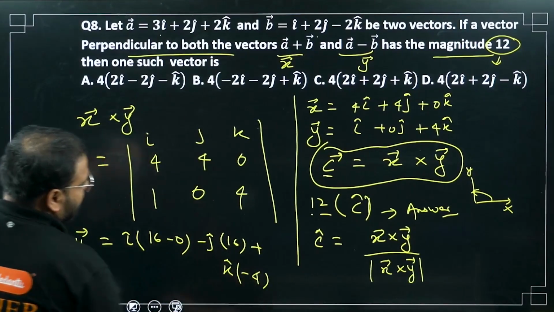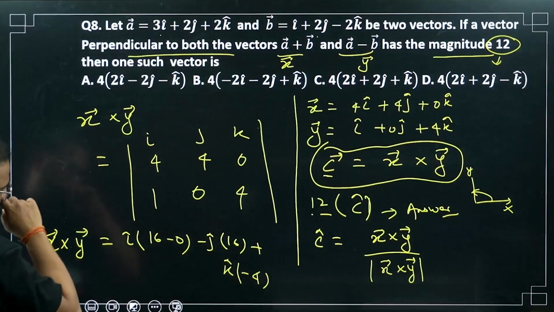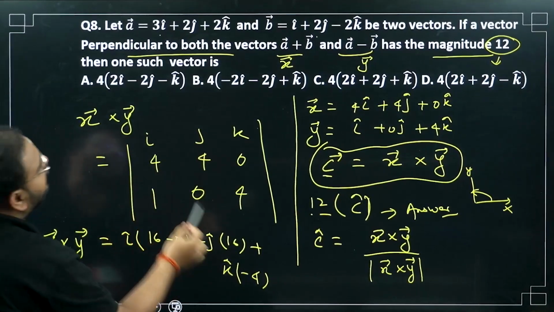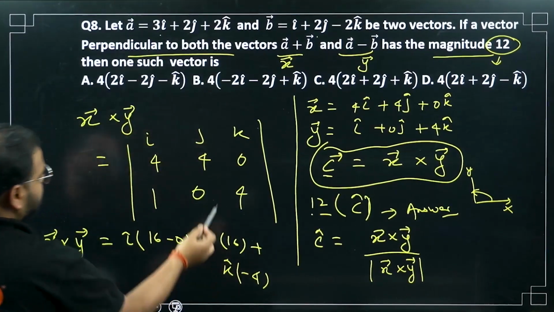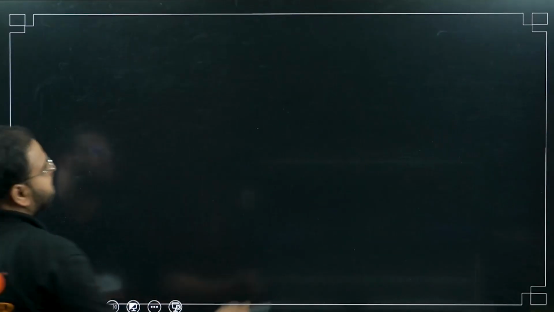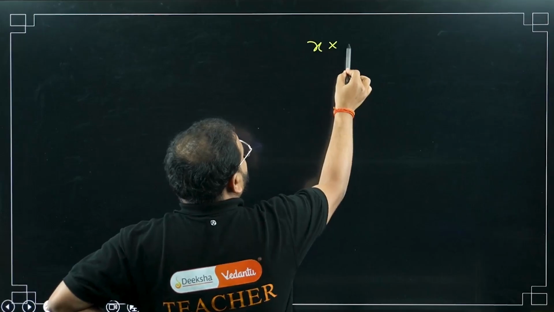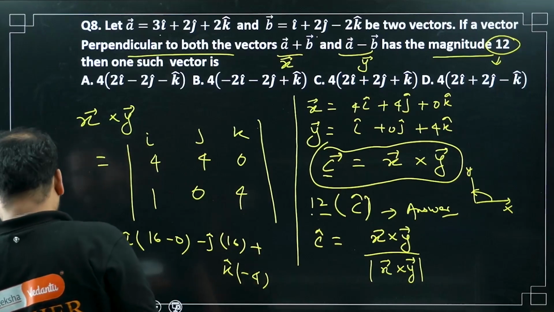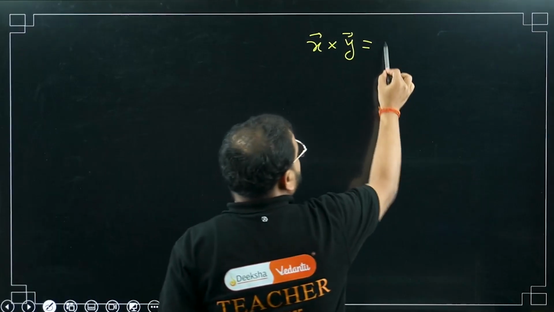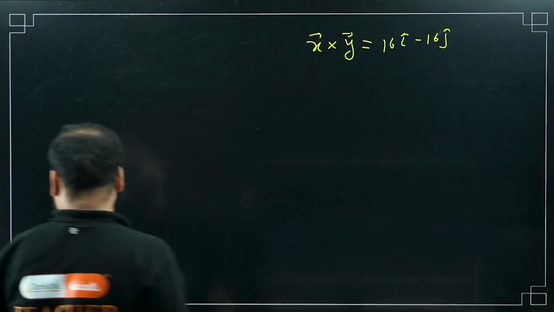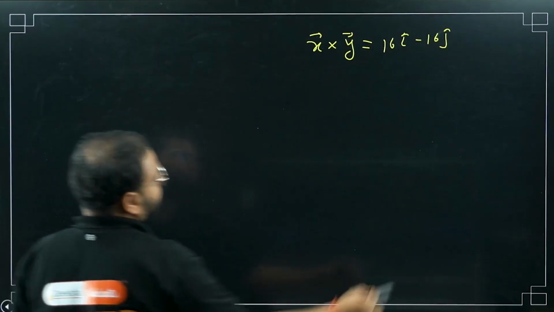For k cap, I'll cancel this and this, and I get 0 minus 4. So x cross y is coming as 16i minus 16j, and the last one minus 4k cap.